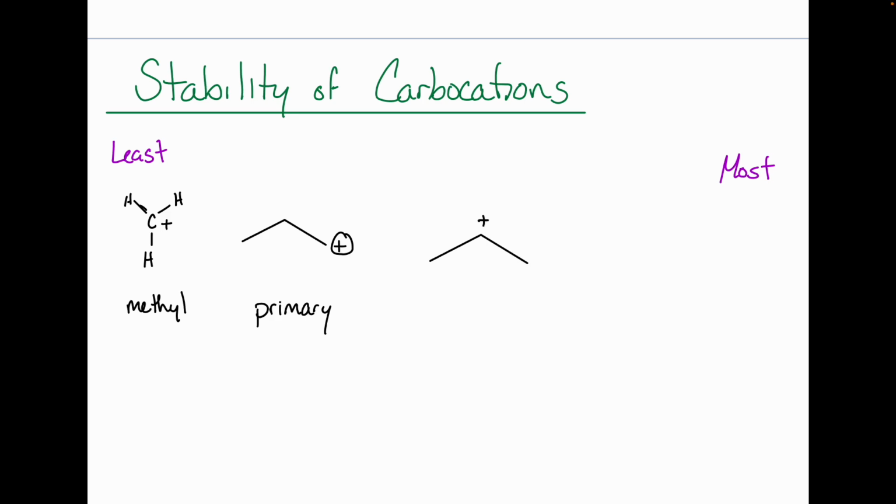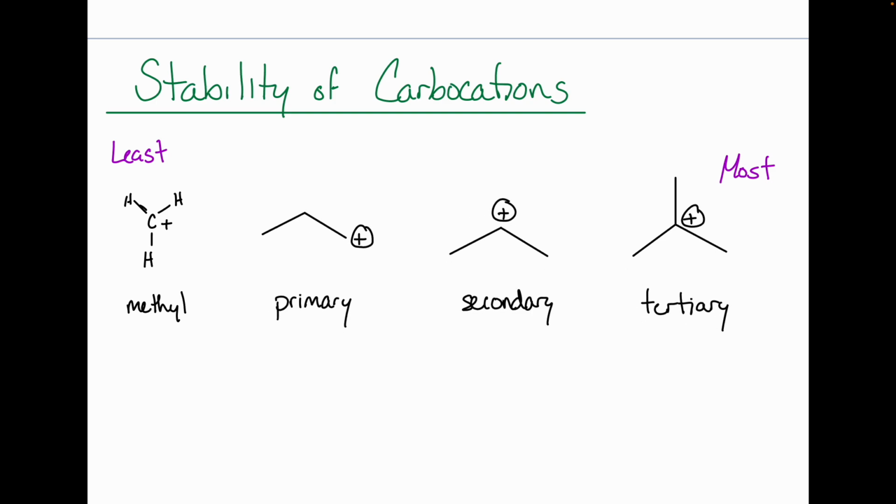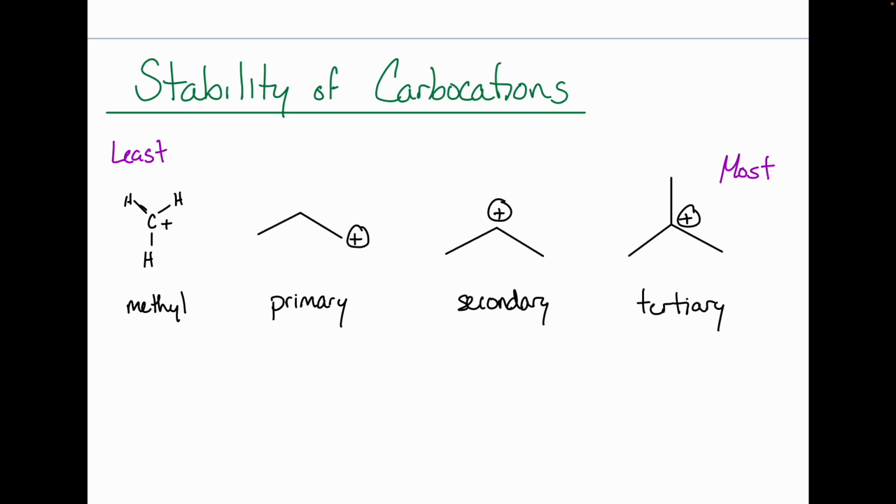If it's got two carbon neighbors, we call it a secondary carbon. And if it's got three other carbon neighbors, we call it a tertiary carbon. All right, so methyl, you'll literally never see a methyl carbocation. They're the least stable, followed by primary, then secondary, then tertiary.